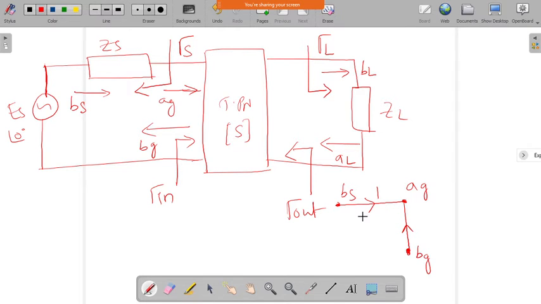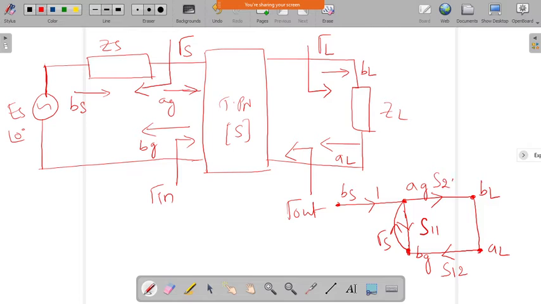At the load side we have BL and AL, the incident signal. The signal flowing from load to source is S12, and from source to load is S21. The reflection coefficient going from BL to AL is gamma L, and we have S22 here. So this is the signal flow graph which we have seen yesterday.